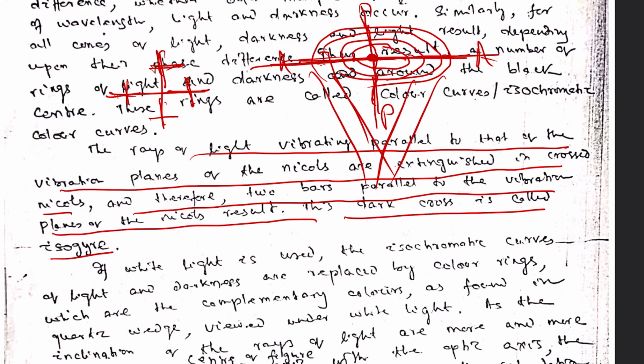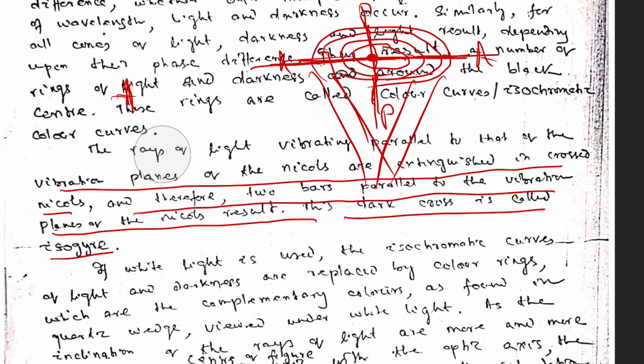So all the light rays that come on these lines show their vibration in this manner. They are parallel to the polarizer and analyzer vibration directions, so this condition is satisfied when extinction occurs. How do we define extinction? Extinction takes place when the vibration direction of the mineral section coincides with the vibration direction of the nicols.